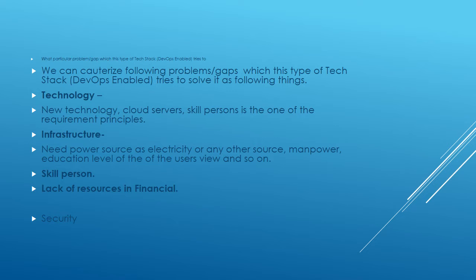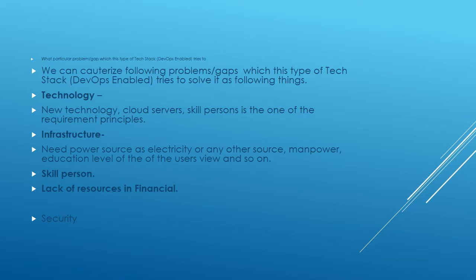Which types of problems does the tech stack DevOps enables try to solve? The following things: technology, infrastructure, skilled persons, lack of resources, financial, and security. Basically, technology is the new technology that we can use, such as servers and skilled persons, using DevOps enabled principles.